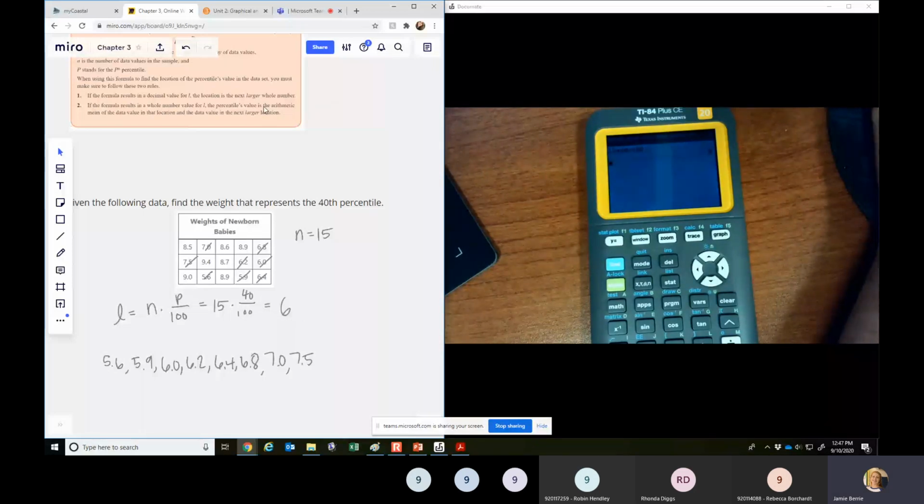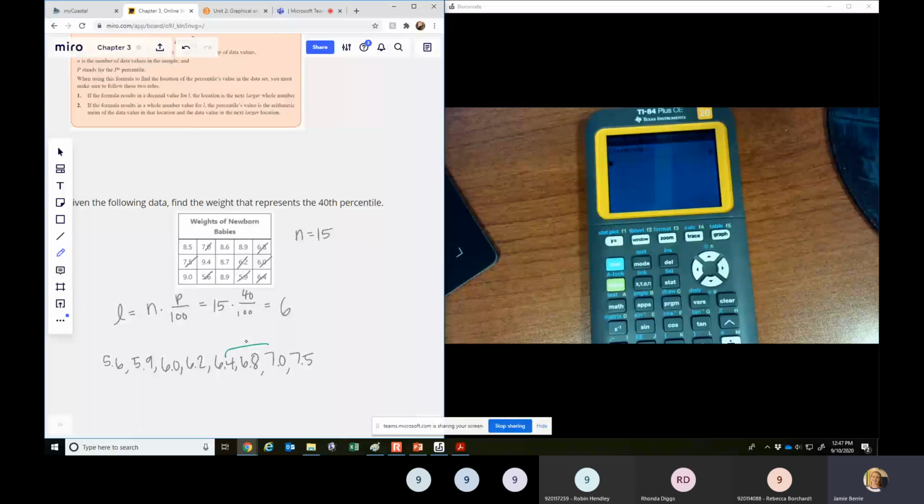The percentile's value is the arithmetic mean of the data value in that location and the data value in the next larger location. Okay, so this was first, second, third, fourth, fifth, sixth, seventh. Okay, so we need to find the mean of these two values right here.